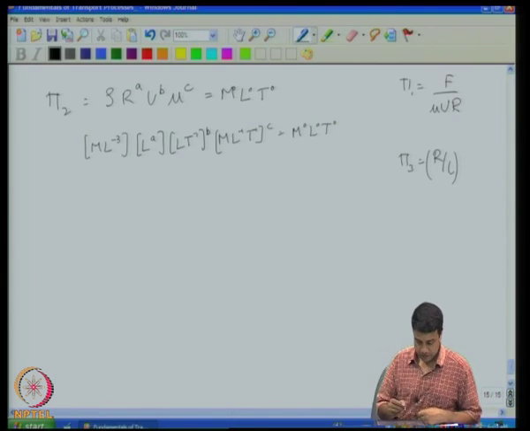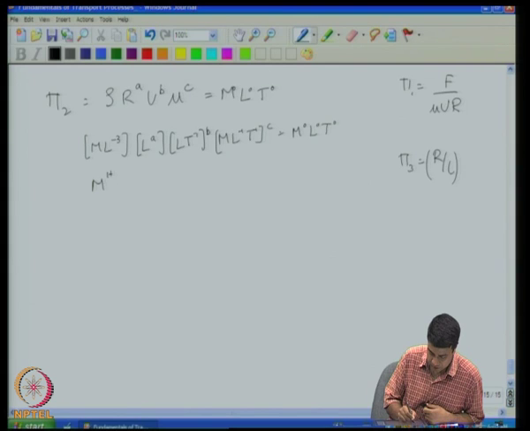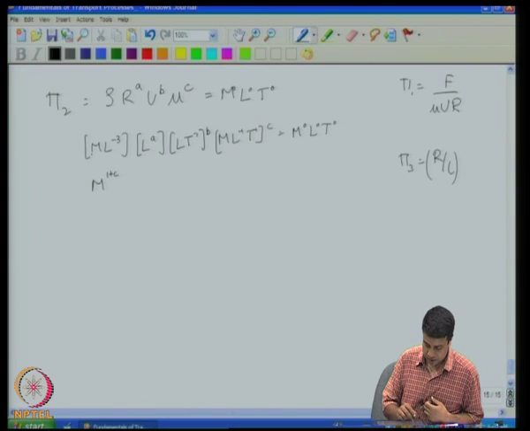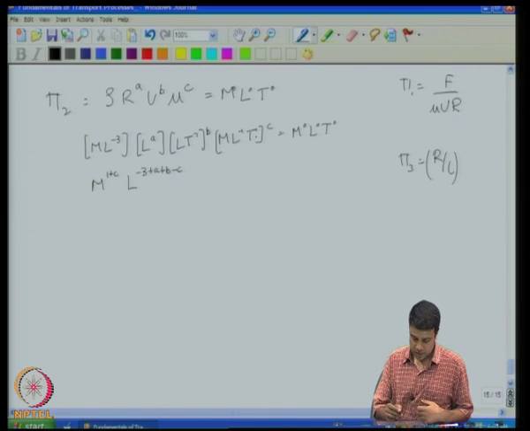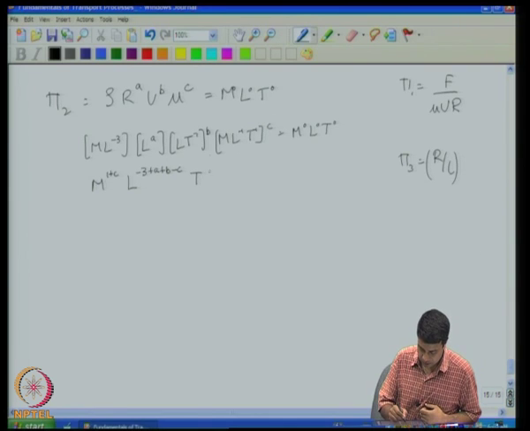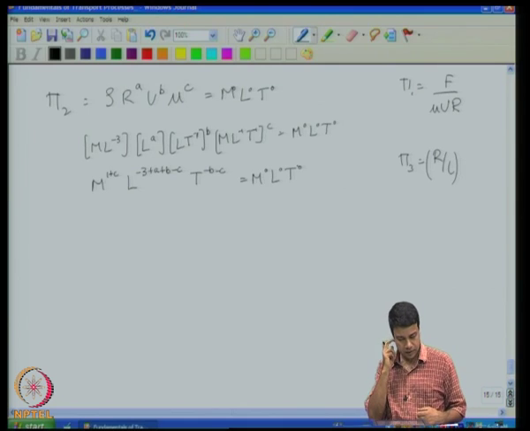Expand this out. Okay. M to the power 1 plus c, because it is there in the density and the viscosity, and then L to the power minus 3 plus a plus b minus c, and time T to the power minus b minus c, is equal to M^0 L^0 T^0.